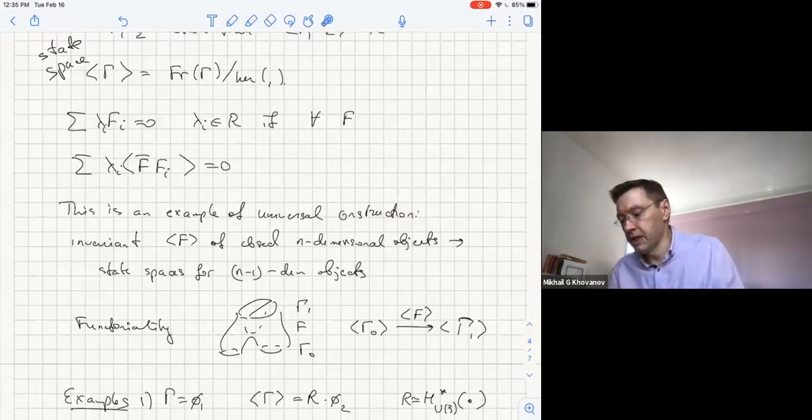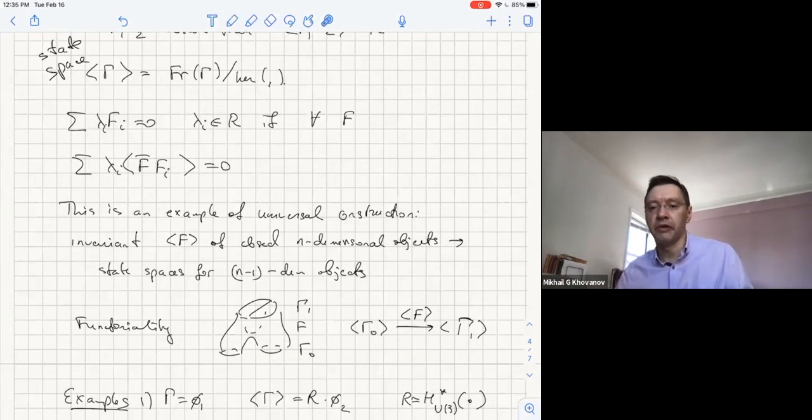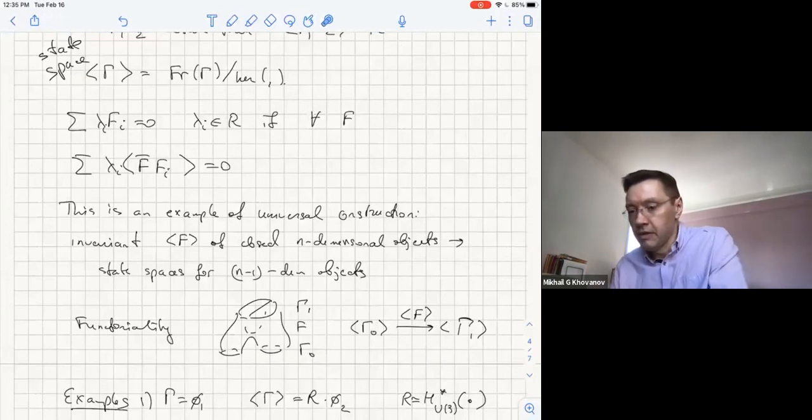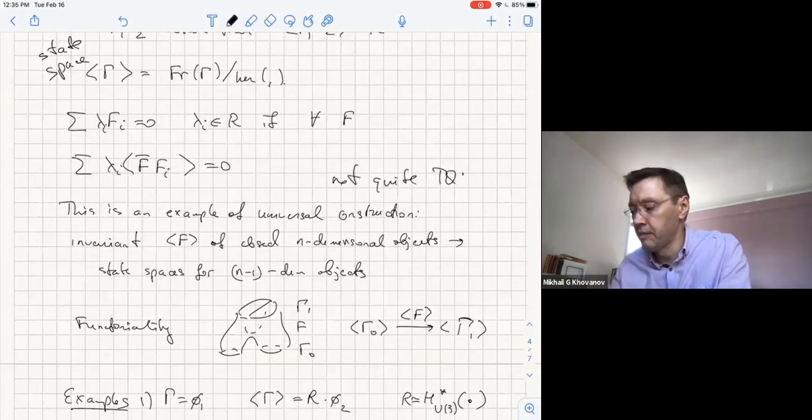If you look at my slides from other lectures or at my recent papers, there are going to be lots of references to other examples of this construction. I recommend the work of Freedman, Walker, Wang, Calegari, Freedman, Walker, where they look at the more general case where you don't impose any relations whatsoever on the invariants of closed manifolds. There are many other examples. You get something which is similar to a TQFT, but not quite a TQFT.